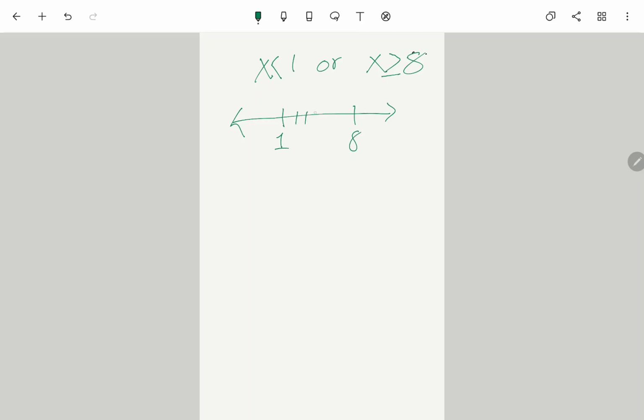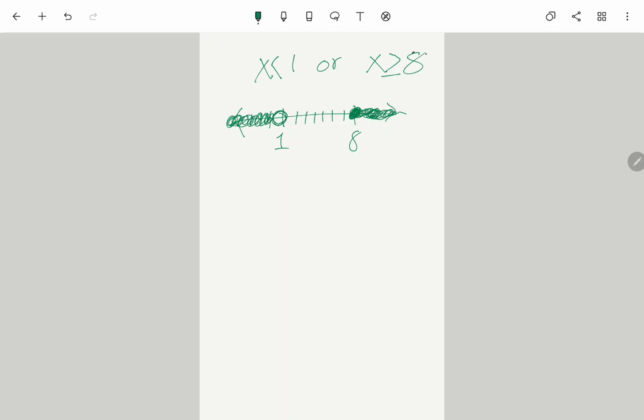So it's 2, 3, 4, 5, 6, 7, 8. Now, which numbers are less than 1? So it's 0, negative 1, negative 2, those numbers right here. Which numbers are greater than or equal to 8? So 8, 9, 10, 11, infinite numbers. But that one is a closed circle, and that one is an open circle.